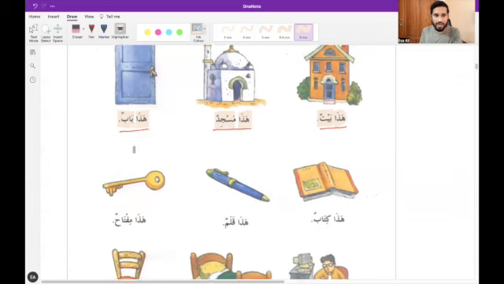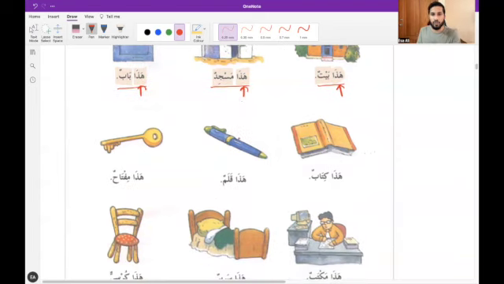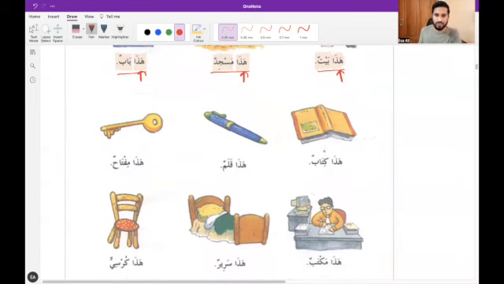And you'll notice that at the beginning of each one of these sentences, you have the word هذا. It's repeated for all of the 9 different pictures that you are seeing here.